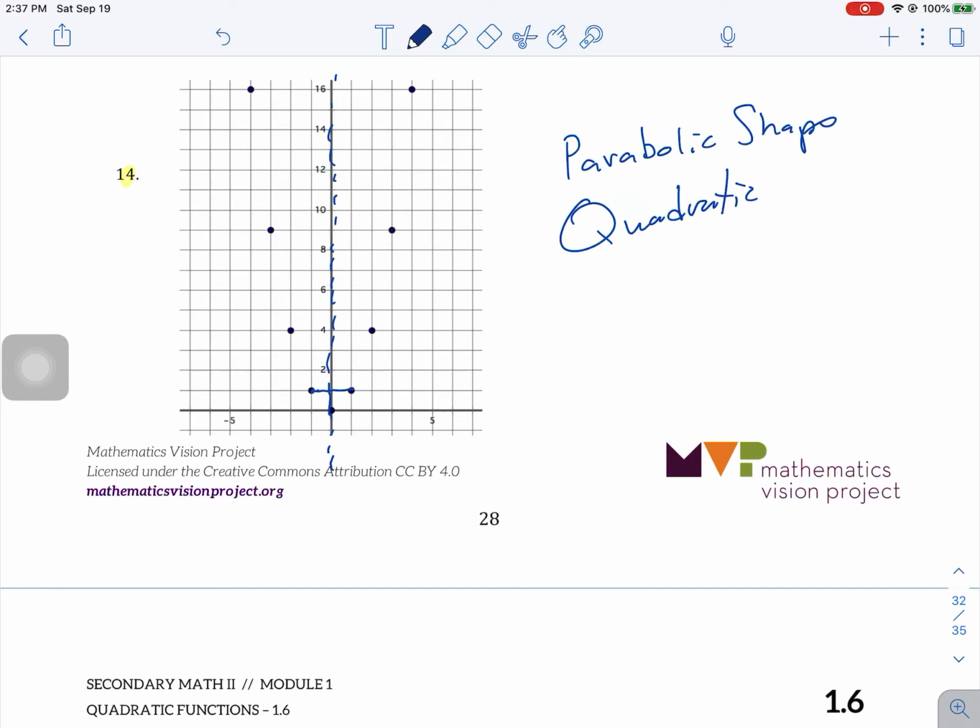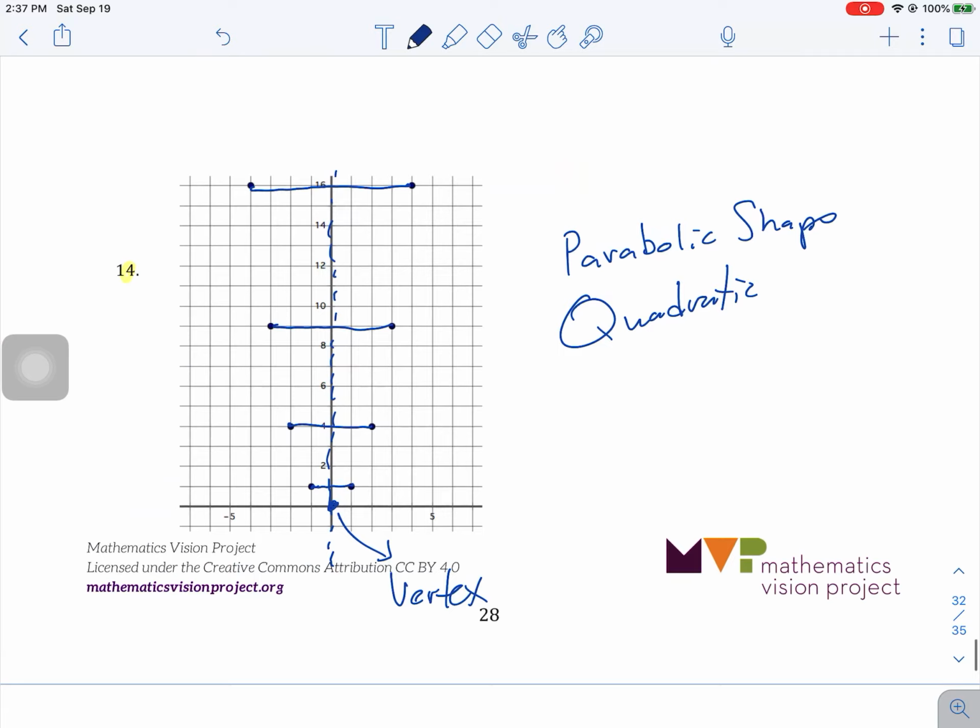So you can see that for each one of our x values or xy points here, there is another one on the opposite side that has the same height. The only exception is here, which is called the vertex, the minimum or maximum point. Every other point is part of a pair.